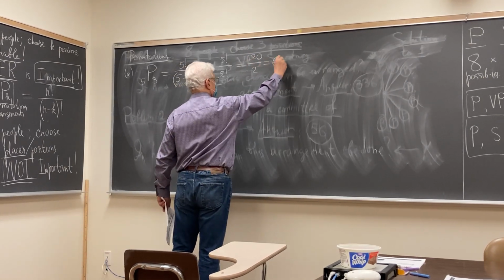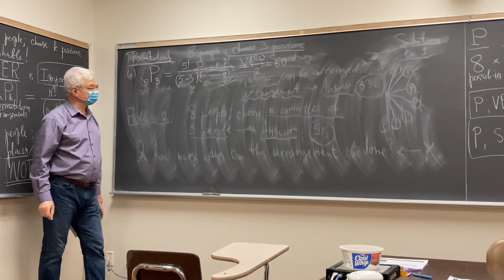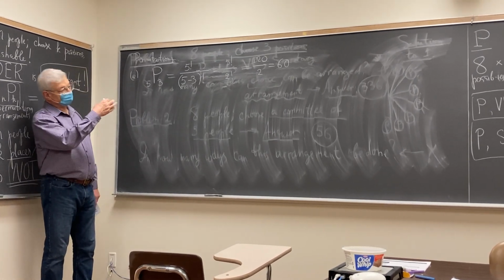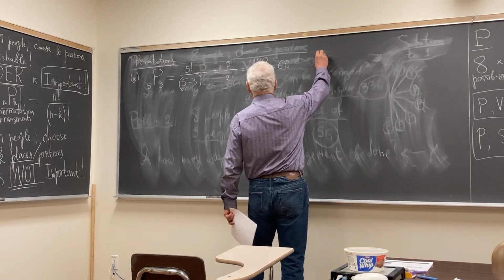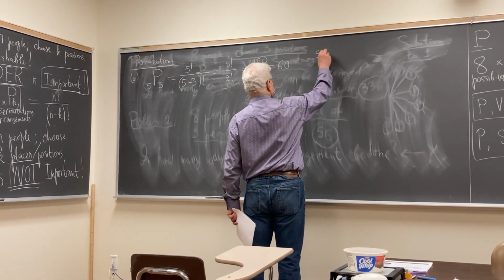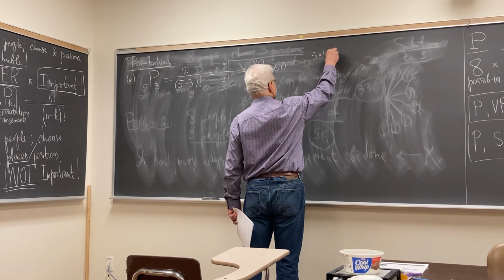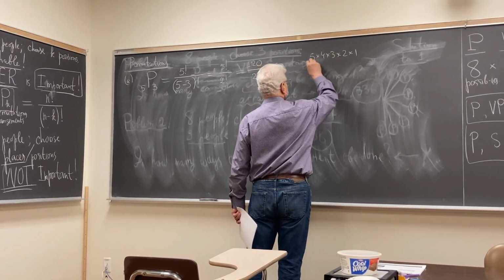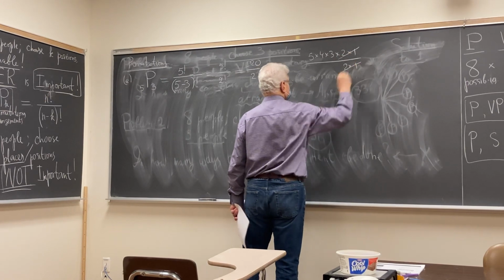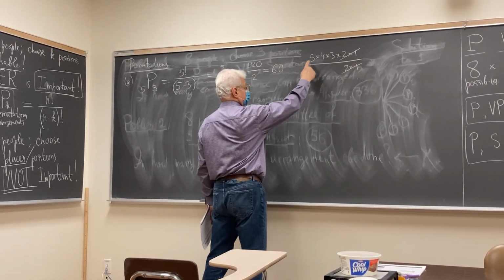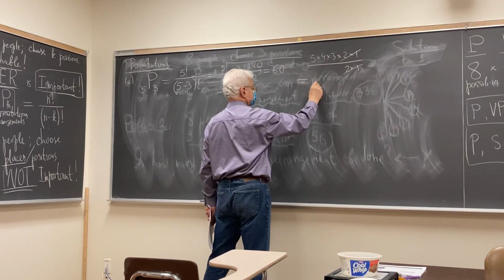The answer is 60. For small numbers it's okay to solve this way, but for big numbers you will see it could be calculated as follows. What is 5 factorial? 5 times 4 times 3 times 2 times 1. And we have to divide by 2 factorial, which is 2 times 1. So cross it out, and you have 5 times 4, 20, times 3, 60.